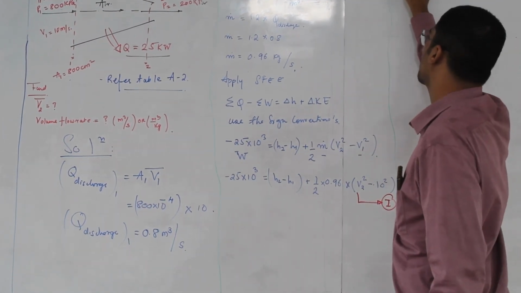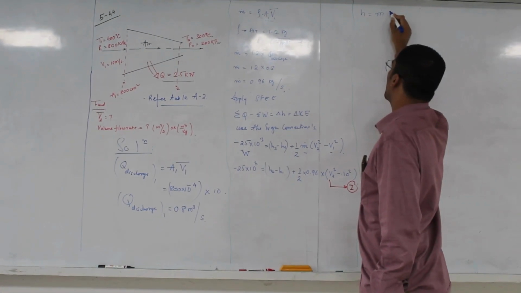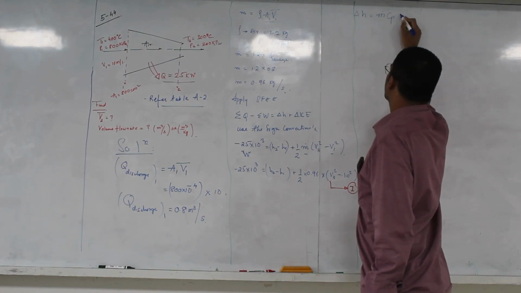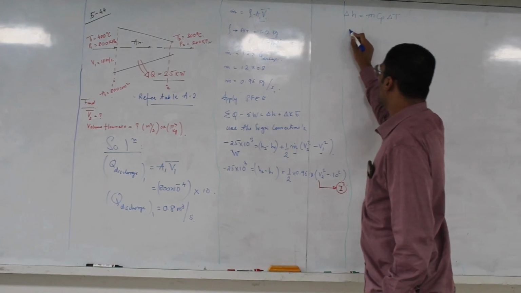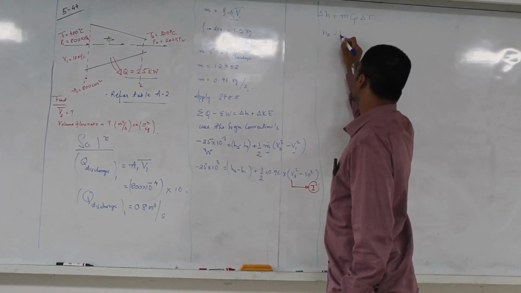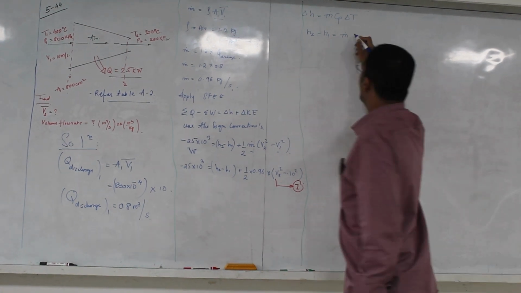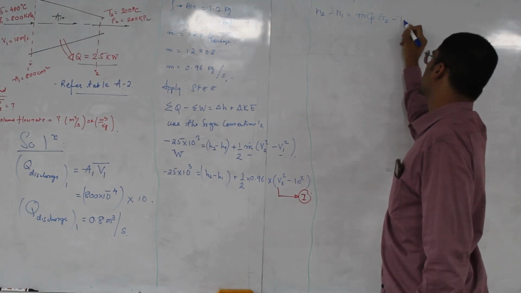Enthalpy, generally we know that delta H is given by m dot Cp into delta T. Let's go for H2 minus H1. So H2 minus H1 is equal to m dot into Cp into T2 minus T1.